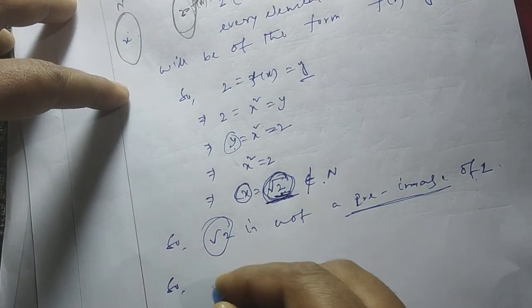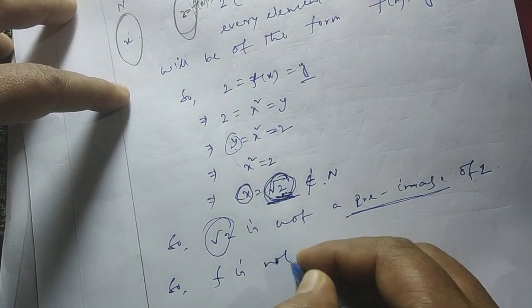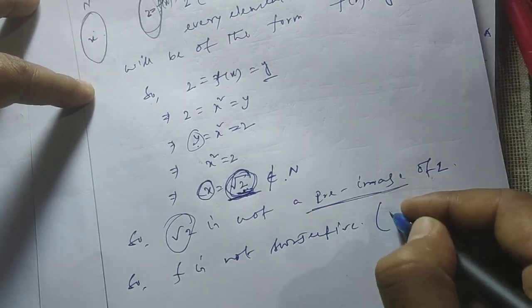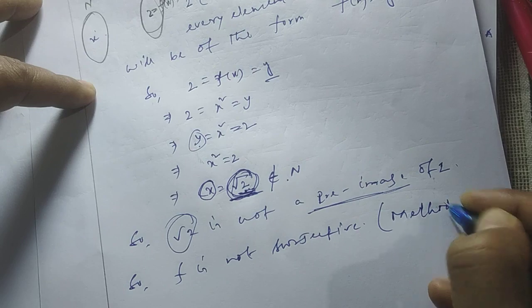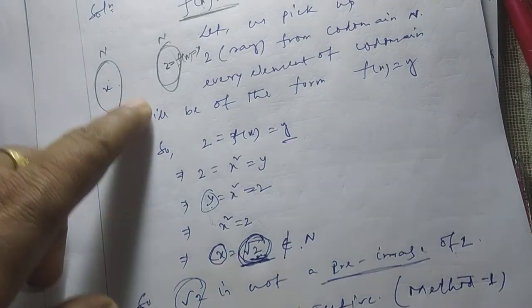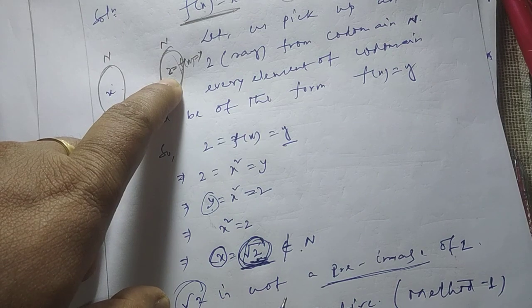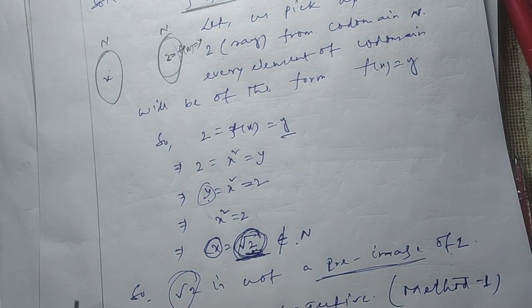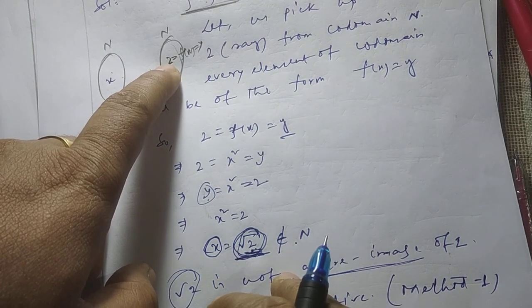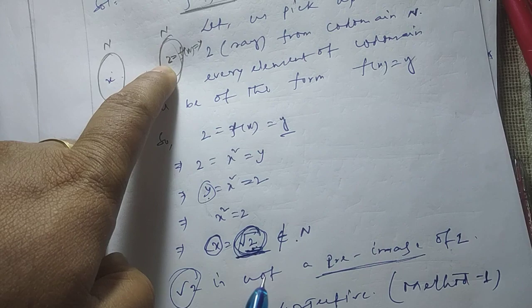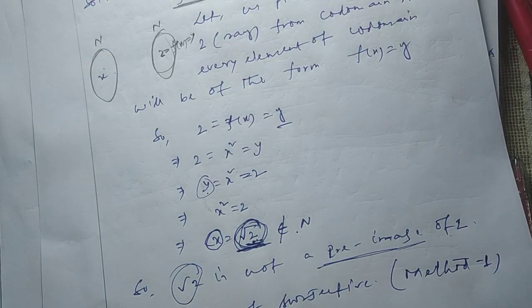So here it's not surjective by method 1. Here we are simply following method 1. Firstly, we have chosen any element 2 from the codomain natural number, and we have seen that root 2 was the preimage of this 2, which does not belong to domain natural number.